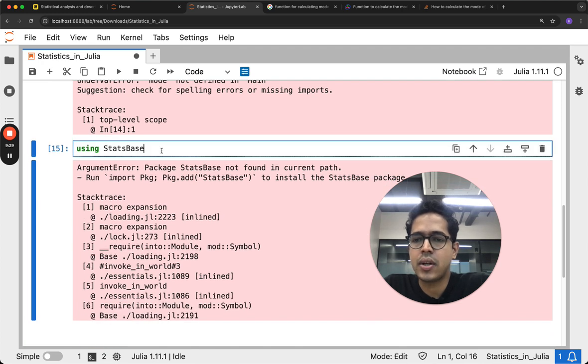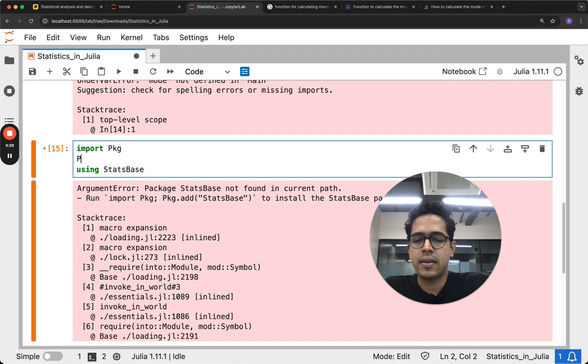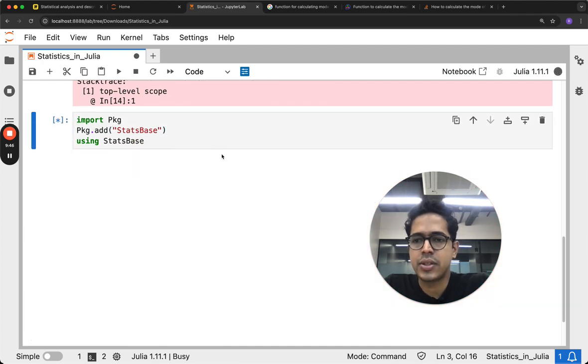So this is not imported. Okay, I have to install it. So import Pkg, Pkg.add StatsBase, and using StatsBase. So this should install the package, which I have never used, so that's the reason why we had to run this import package.